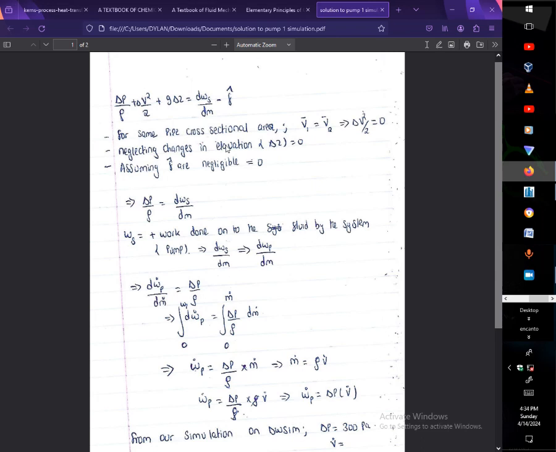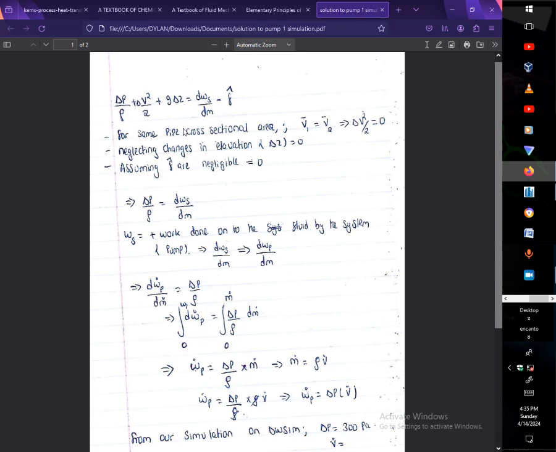So we had the simple mechanical energy balance equation: change in P over rho, plus the change in the average velocity squared over 2, plus the change in elevation times the gravitational acceleration, is equal to the shaft work per unit mass minus the friction loss per unit mass. All this is expressed per unit mass. Because we assume the cross-sectional area of the pipe remains the same, there will be no change in the kinetic term.